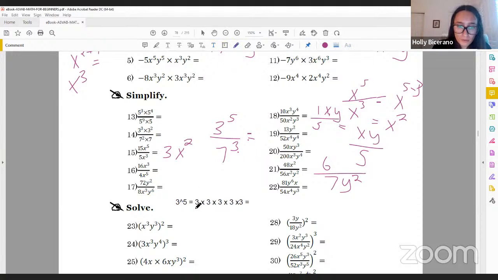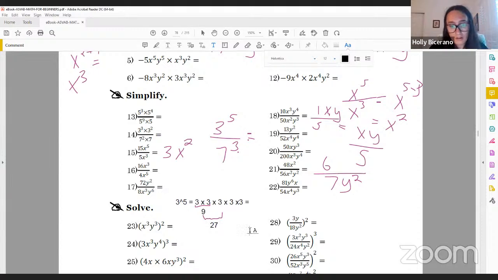And so we'll take this one step at a time. 3 times 3, that's 9. Now 9 times 3, the next 3, that's 27. So far, we just have basic multiplication facts that you should know.